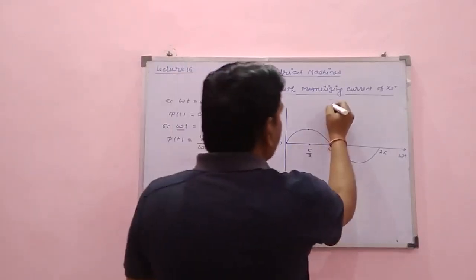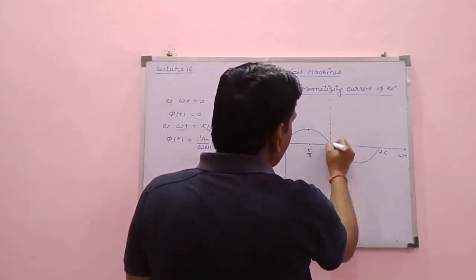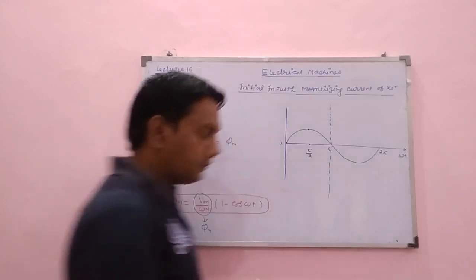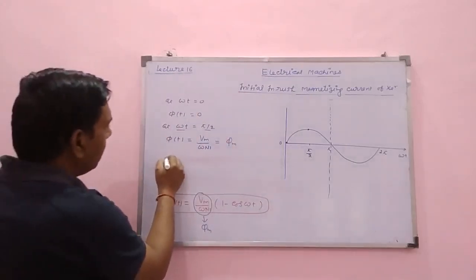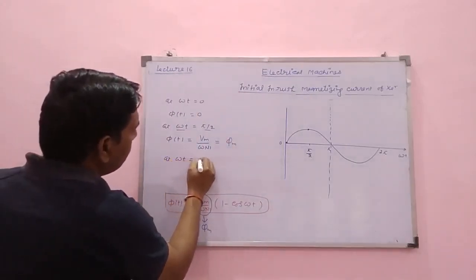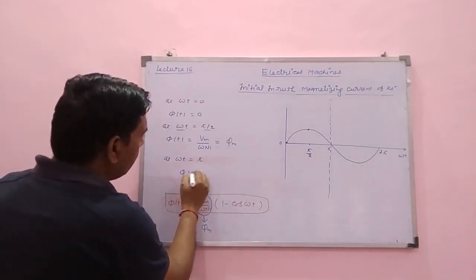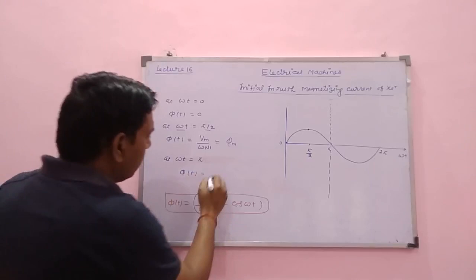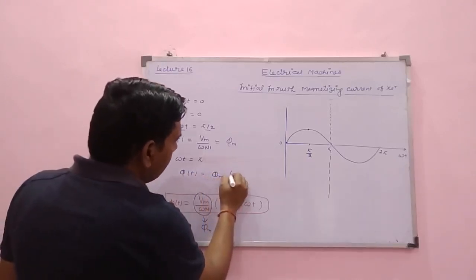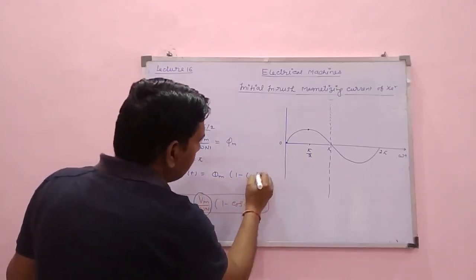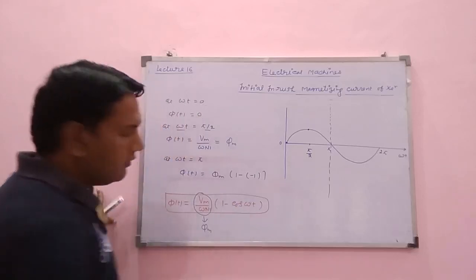And this is the point of 180 degree, that is pi. Now at omega t is equal to pi, how much flux we will obtain? We will obtain phi of t is equal to phi m into 1 minus 1, because cos 180 degree is how much?